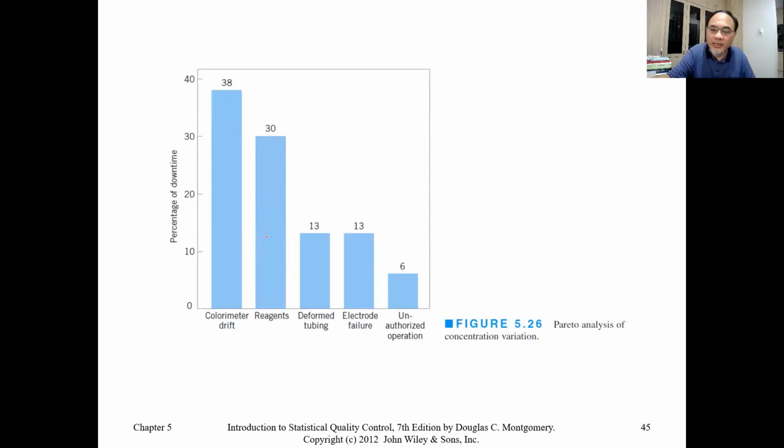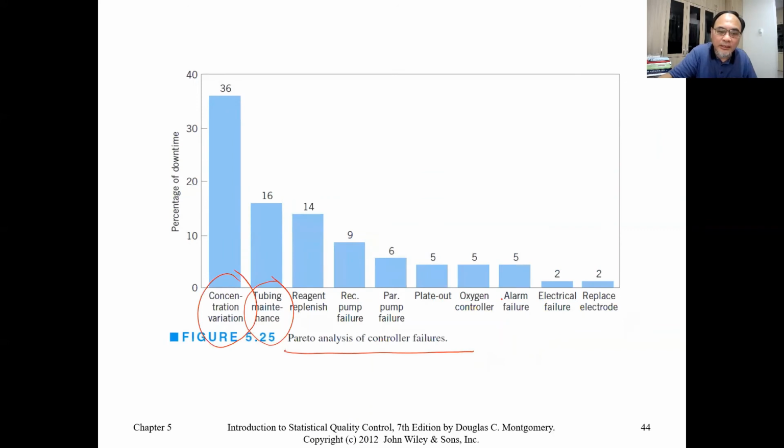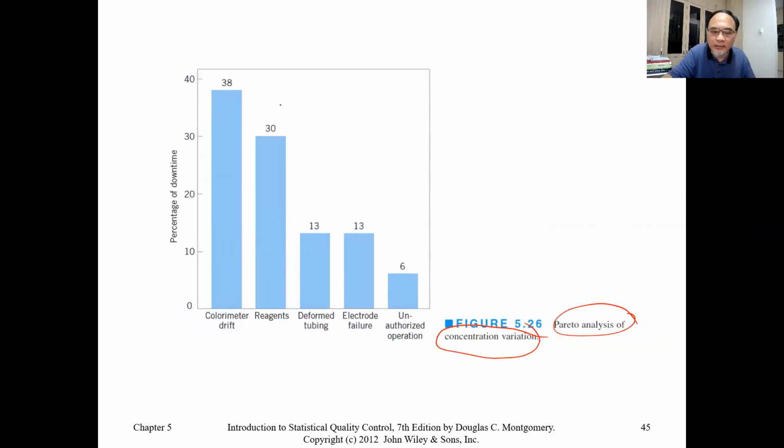Okay, and they further analyzed the concentration variation. So you can further collect data to construct another Pareto. In this case, it is colorimeter, reagents, and whatnot.